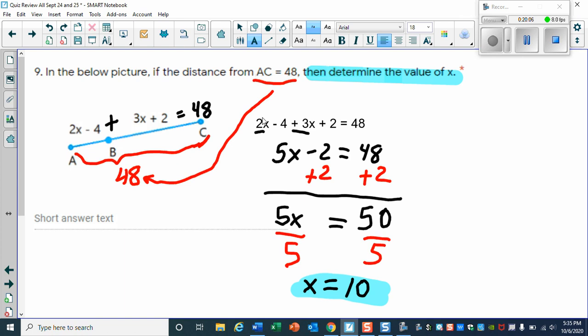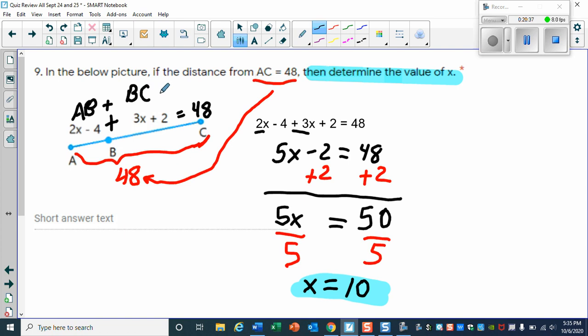We also know from the diagram that AC is equal to AB plus BC. So we can also say AB plus BC equals AC.